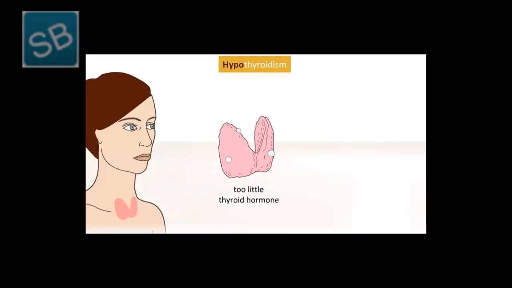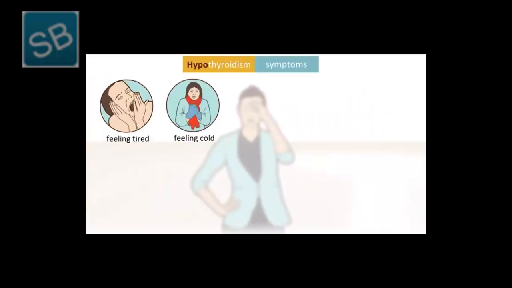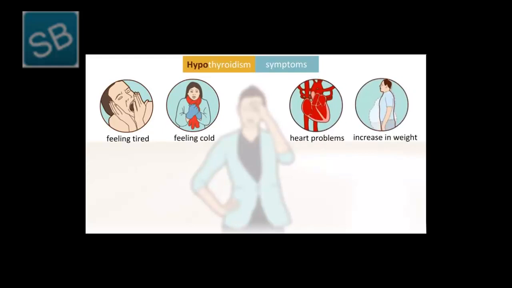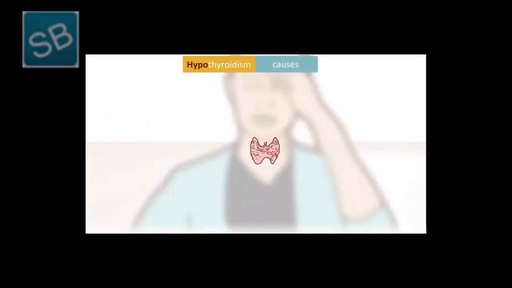Hypothyroidism, on the other hand, means that the thyroid gland produces decreased thyroid hormone, which leads to reduced metabolism. Symptoms of hypothyroidism are feeling tired, feeling cold, heart problems, increase in weight, depressed feelings, hair loss, hoarse and deeper voice, and bowel problems.